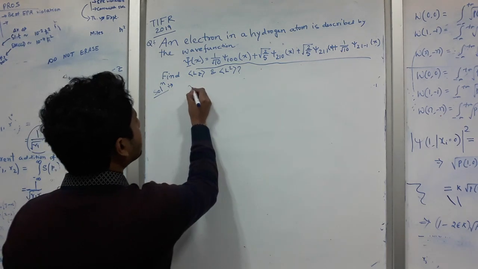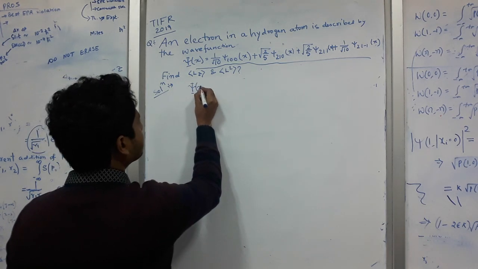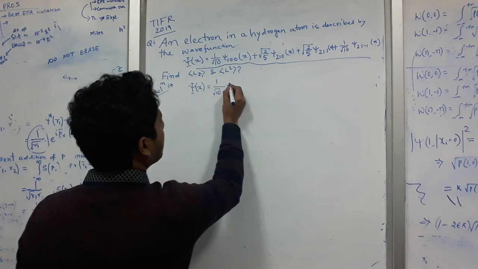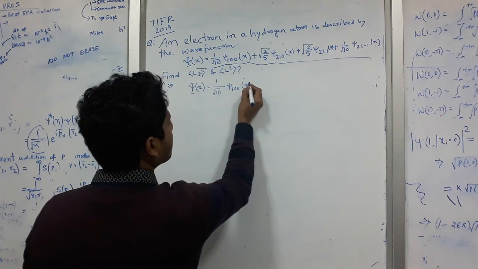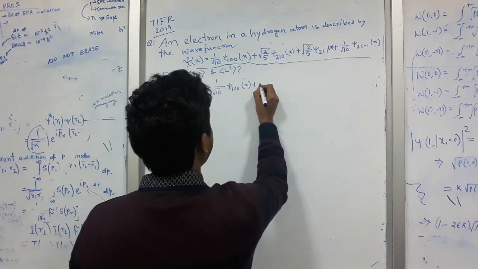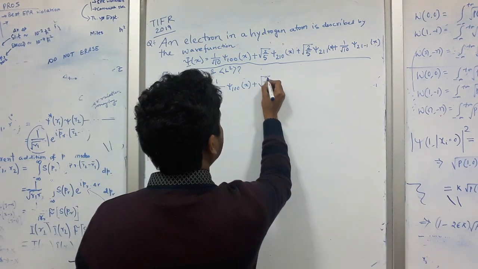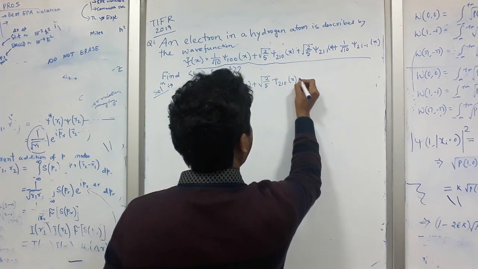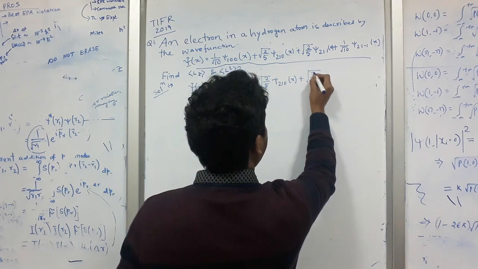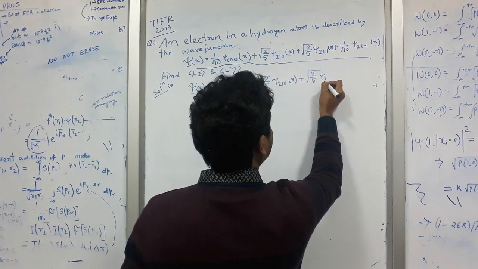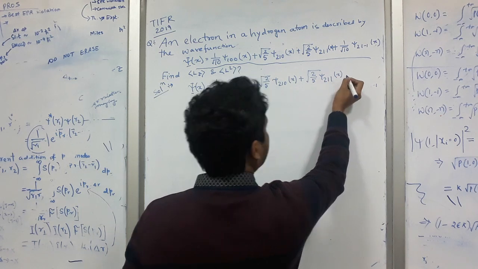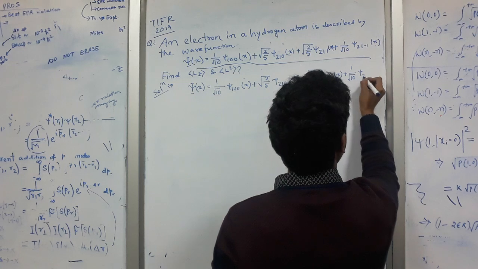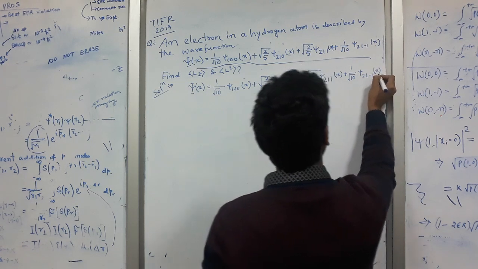So here I will write the wave function again for your convenience. This is psi of x equals 1 by root 10 into 1 0 0, plus 2 by root 5 into 2 1 0, plus 2 1 1 x, and the final one is 1 by root 10 into 2 1 minus 1 x.